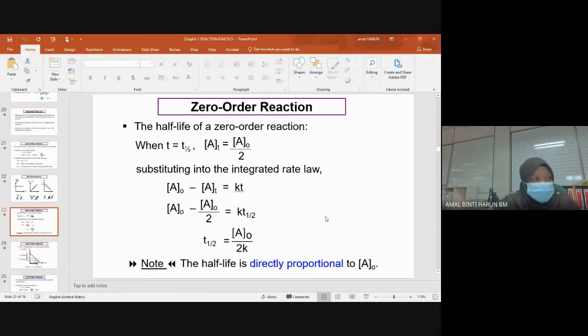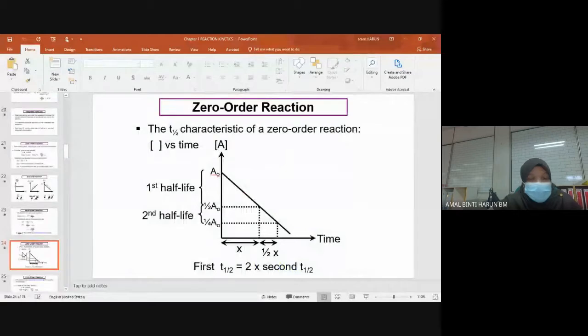Okay. Boleh ya. This one. Okay, satu lagi. Okay, tu boleh ya, zero order.